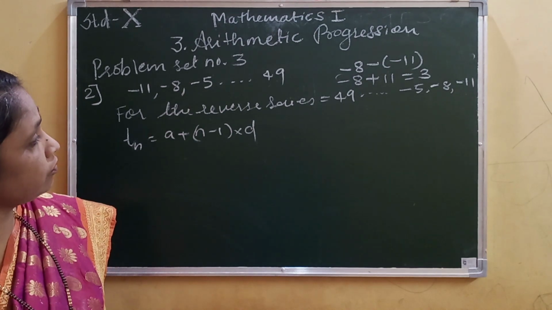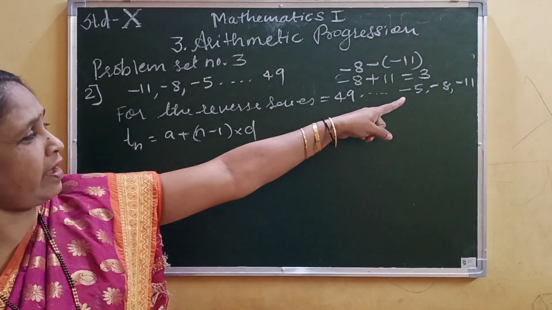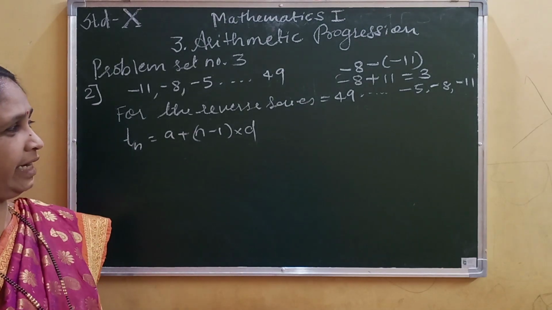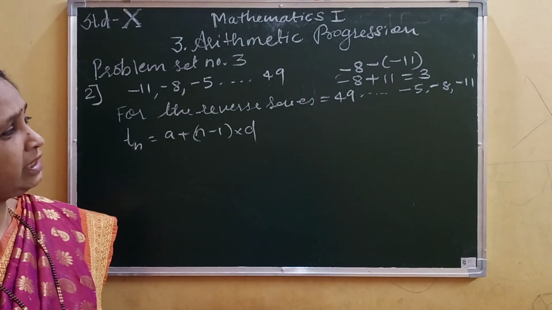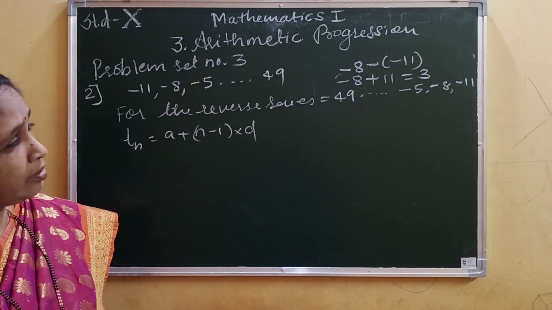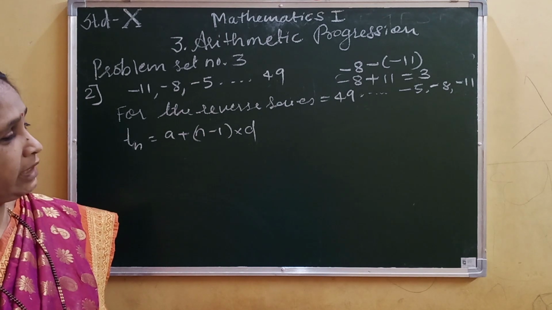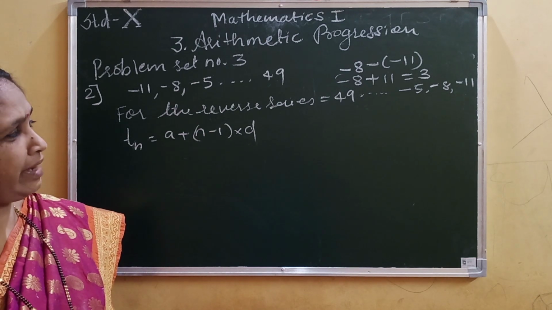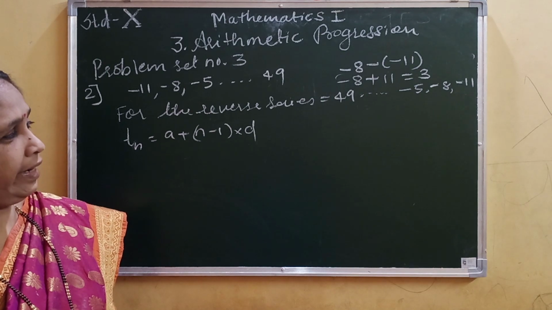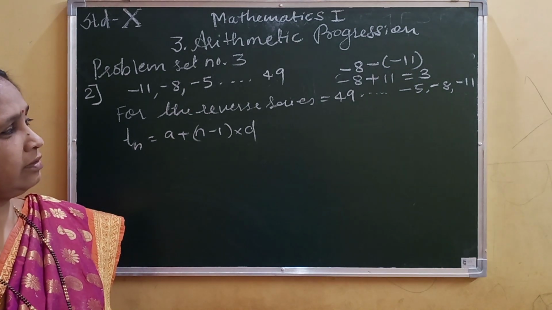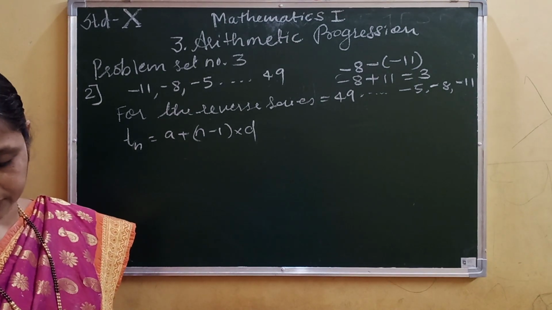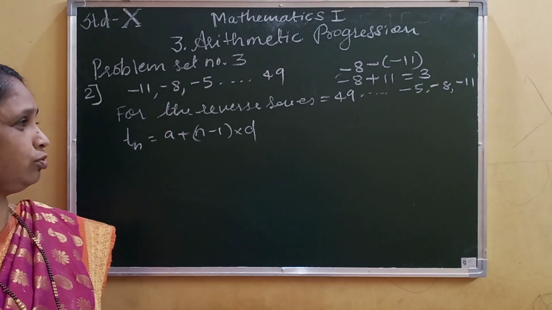In reverse order, what we have written? Yes, minus 5 and minus 8. Here the first term is minus 5 and the second term is minus 8. So the difference you have to get.